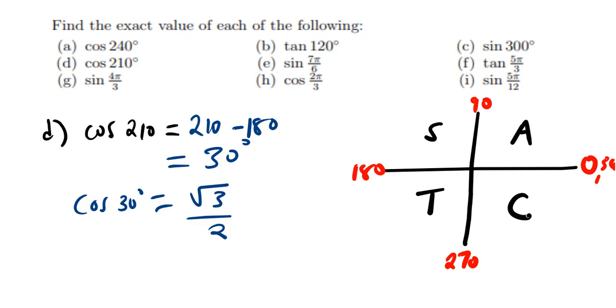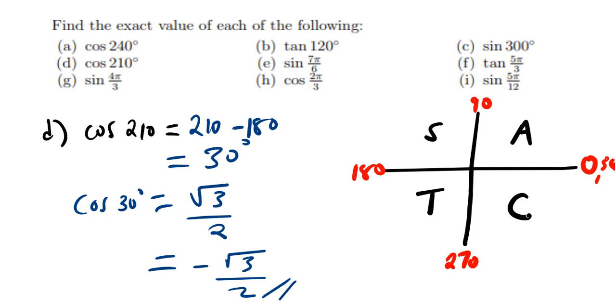Now look at in which quadrant it is as well. You have to also consider that. 210 we're saying is in this quadrant, and in this quadrant only tan is positive, so it means our answer will be negative. So negative root 3 over 2, that will be our final answer.